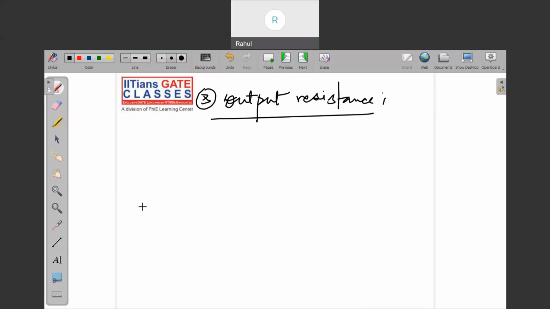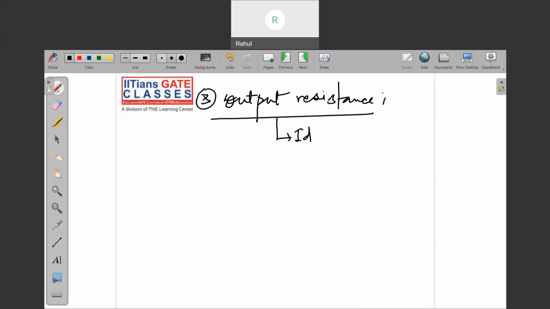ideally the output resistance of the op amp should be zero. It means that it can drive any type of load.